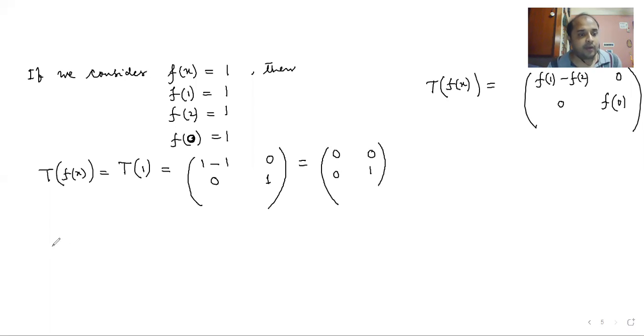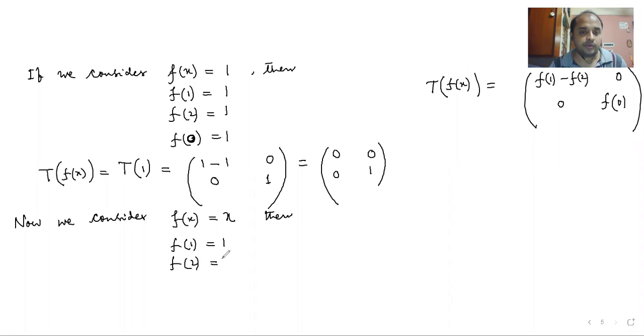Now we consider f(x) equal to x. Then we have f1 equal to 1, f2 equal to 2, f0 equal to 0.